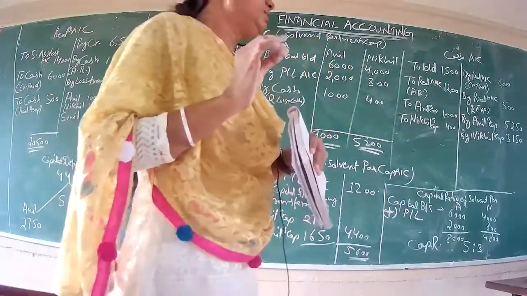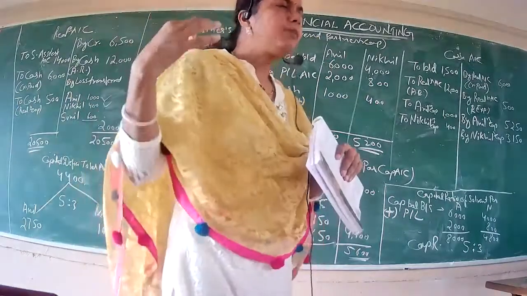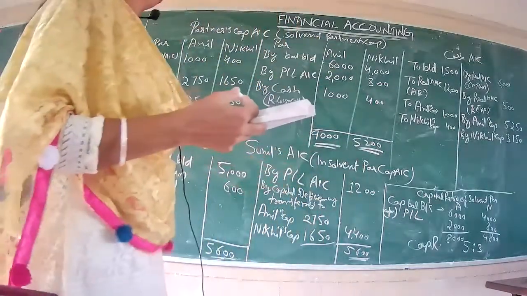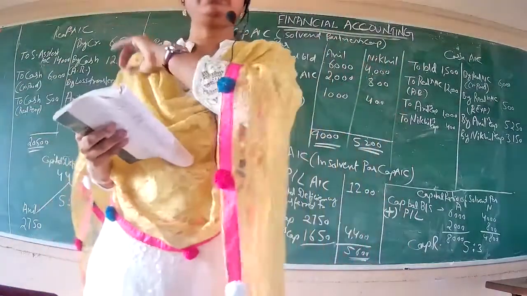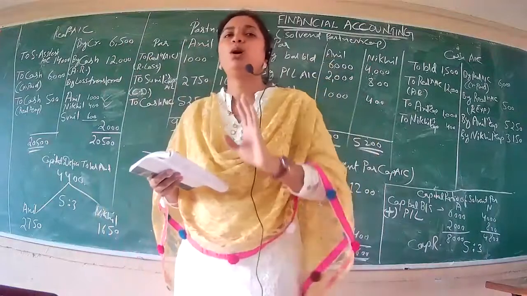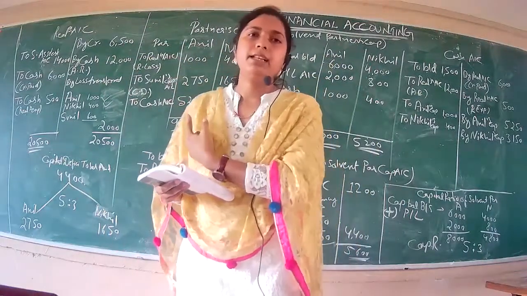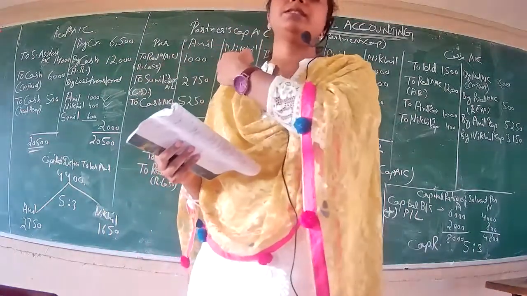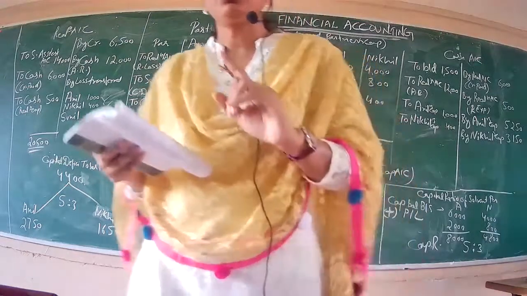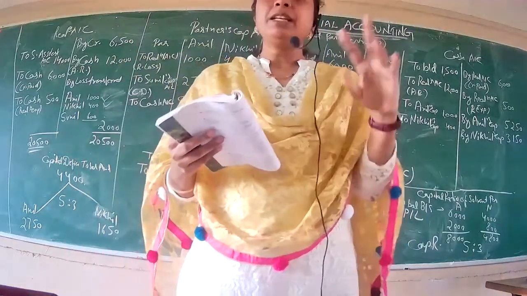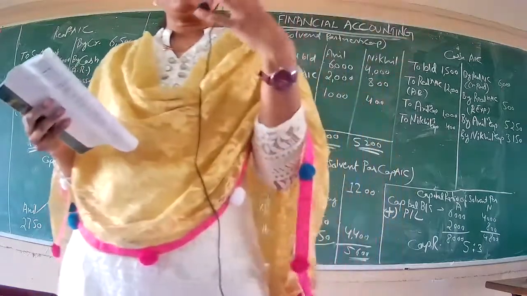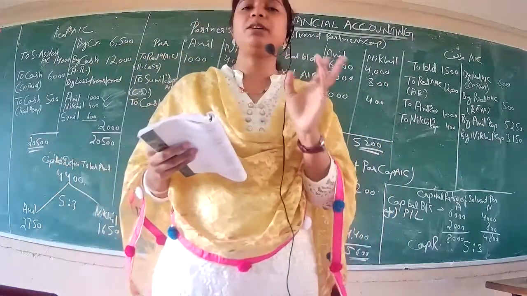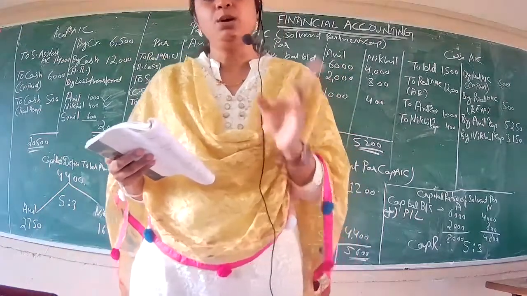Okay. So after this, is there anything still left? Maybe no, because if we recall the steps, we opened all three accounts and made the balance sheet empty. After that, we calculated the realization loss. After that, we transferred that realization loss to the respective capital accounts. And then the solvent partners brought the cash into the firm equal to their portion of realization loss.